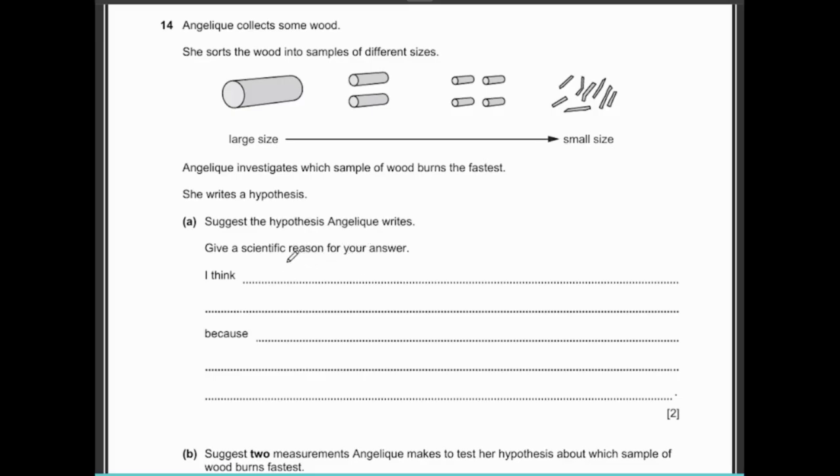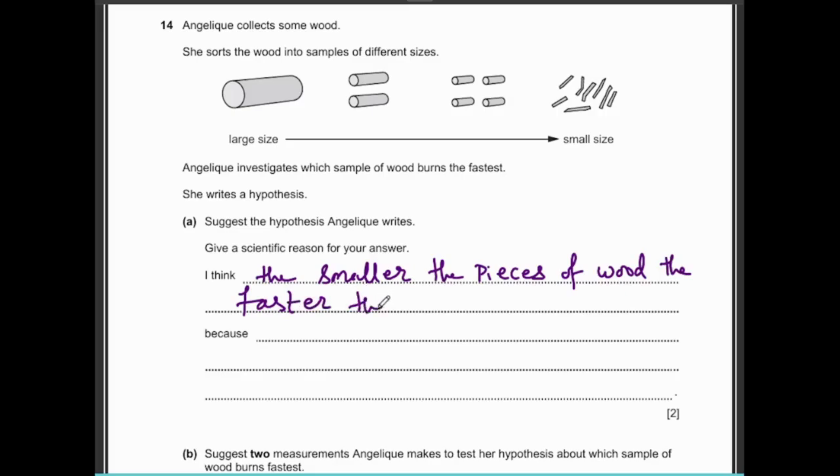So I think the smaller the pieces of wood, the faster they burn. So this is my hypothesis, that the smaller the pieces of wood, the faster they burn.